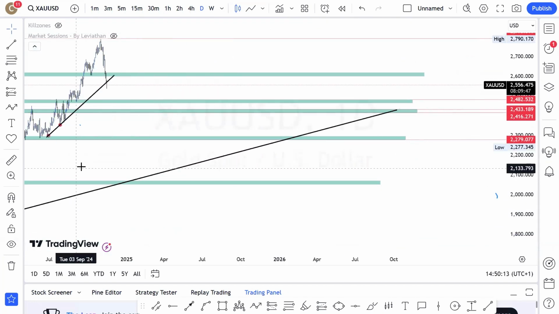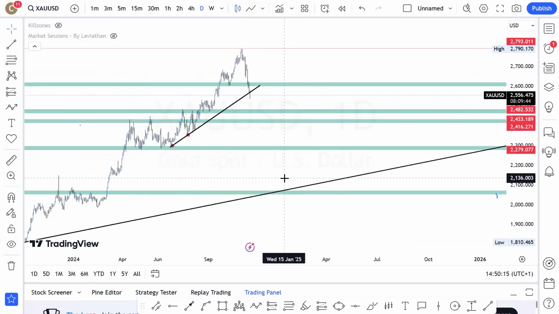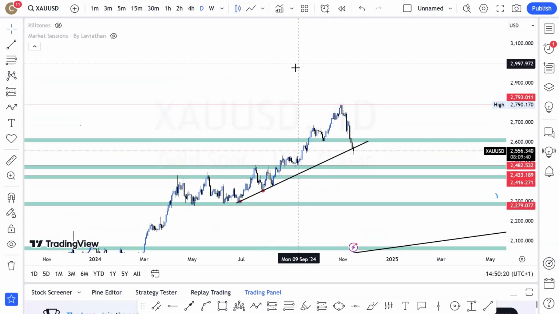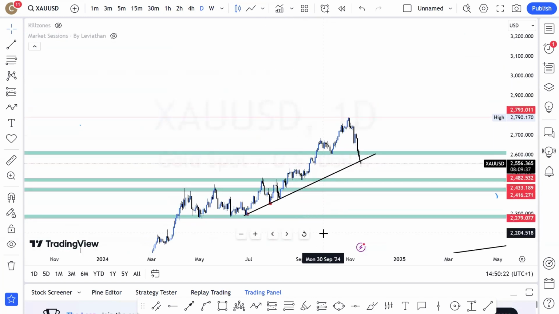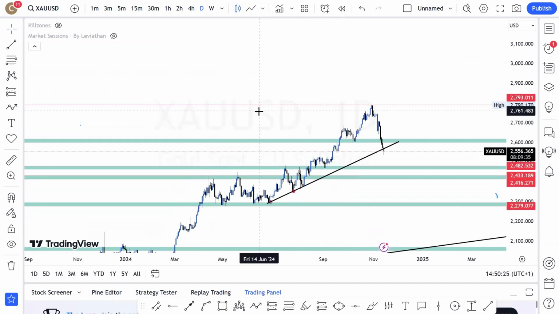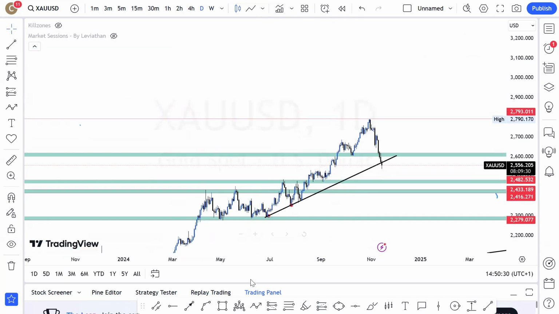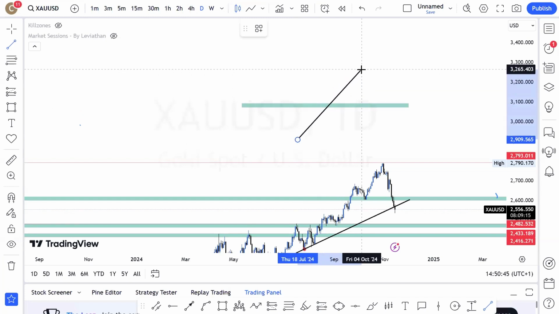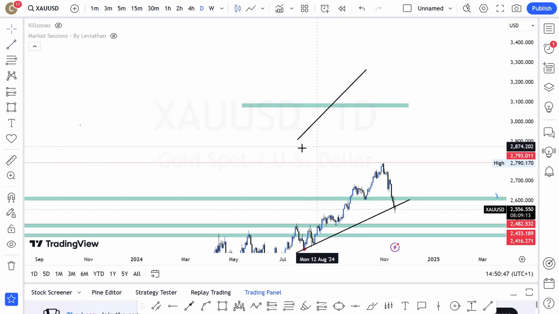Okay. Now, if you want to frame an A+ setup, there are confluences you need to see. You need to use the confluence of dynamic and static. When you have a dynamic support or resistance line like this, let's say this is the dynamic support, and you now have a horizontal support and a dynamic support coming in confluence.